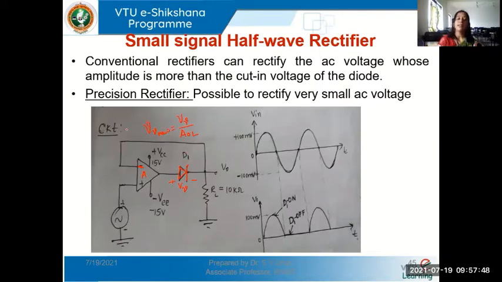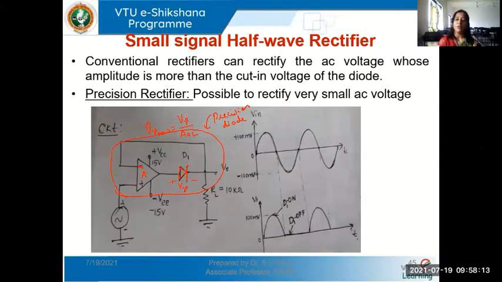Hence, this whole circuit where I connect a diode within the feedback loop of an op-amp is called a precision diode. The simple reason why it is called a precision diode is because it will have a very low cut-in voltage.